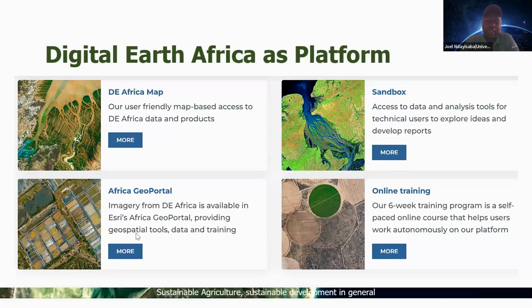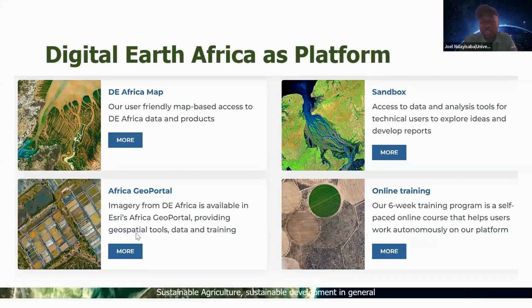It's already analyzed, so it's your pace to get the Digital Earth Africa map. Here we have other successful stories that are posted on the Africa Geo Portal, where different imagery from Digital Earth Africa is available, and different geospatial tools are provided, even data and trainings.